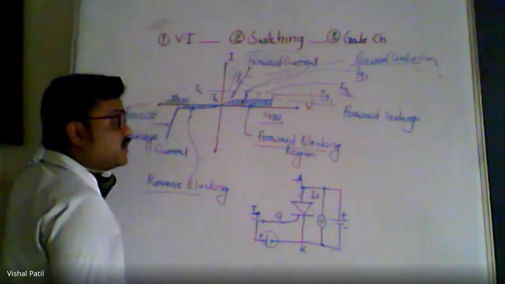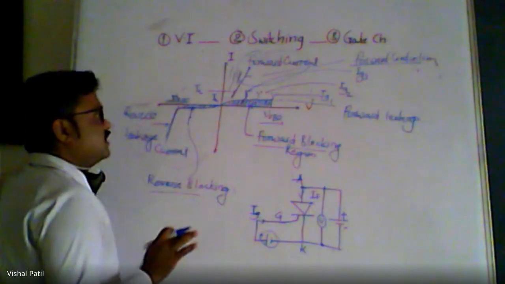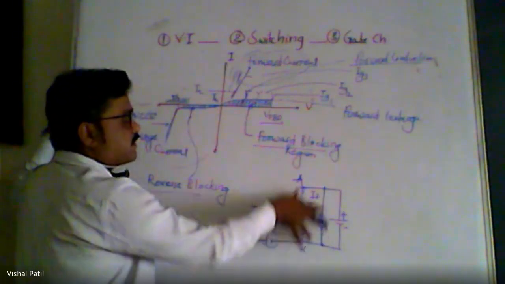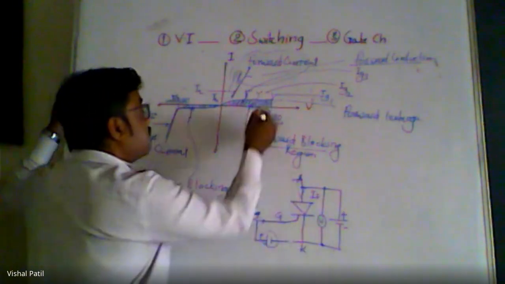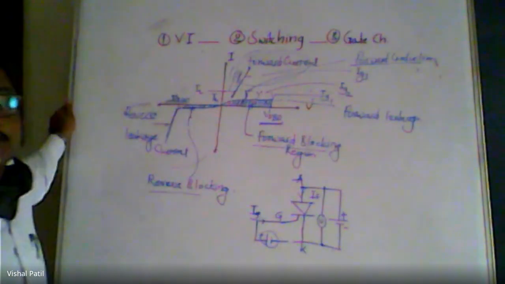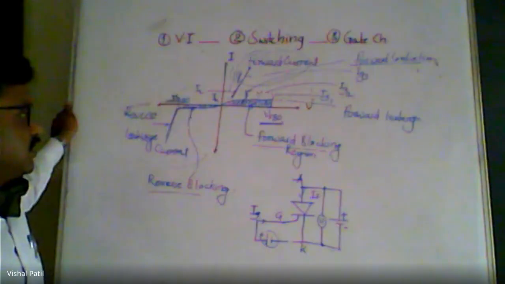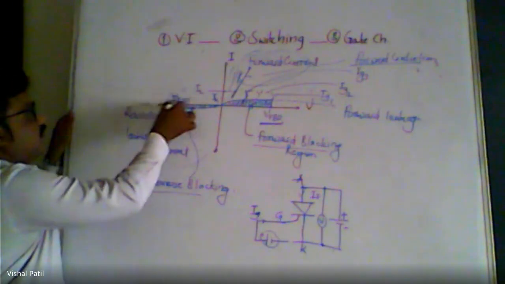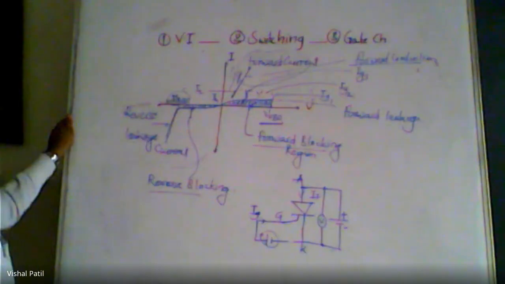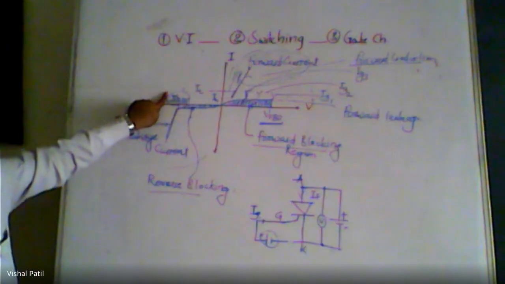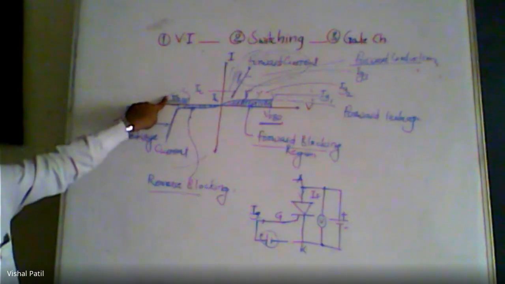At some particular voltage, junction J2 will break down and the device will start to conduct a very high current from anode to cathode. That voltage we call the forward breakover voltage, the voltage at which junction J2 breaks down. The reverse voltage at which junctions J1 and J3 break down we call the reverse breakdown voltage.